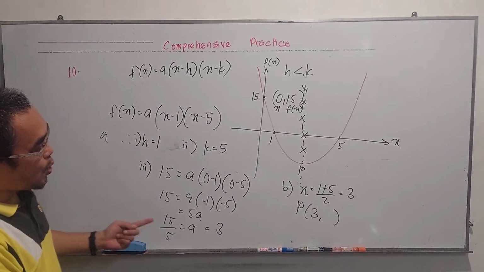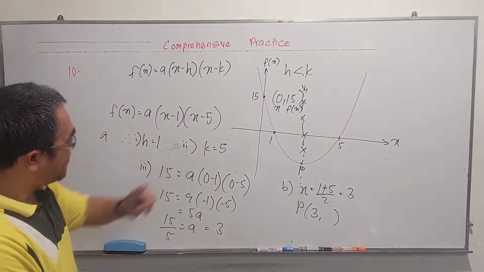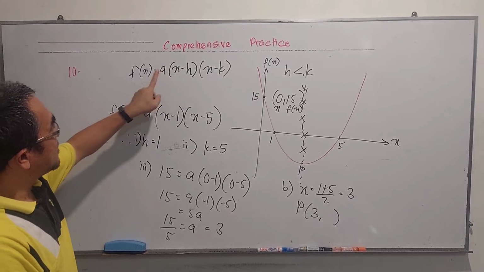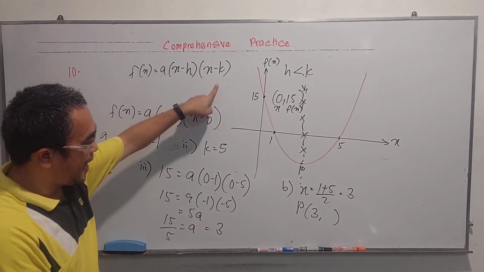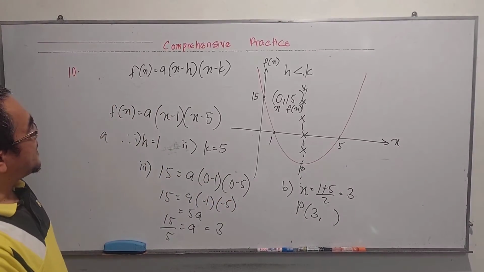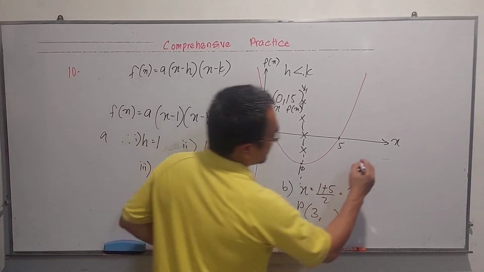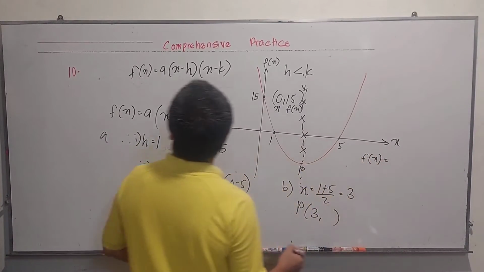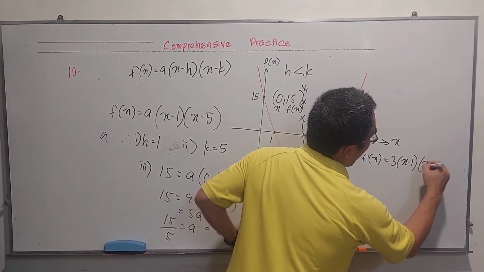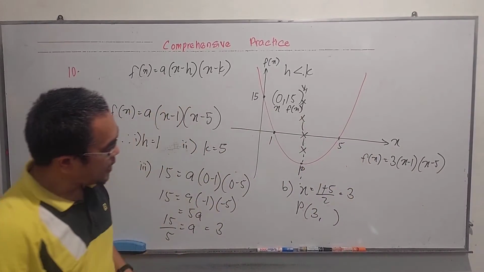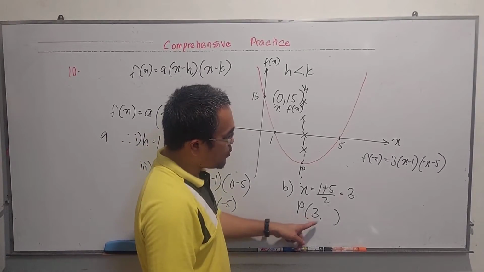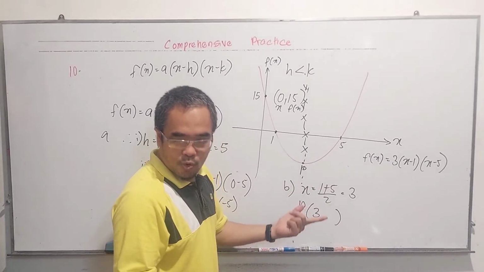So in order to know the y, the minimum value, you should substitute everything here, meaning a, h and k, then replace x as 3. So I will rewrite f(x) equals a is 3, (x minus 1)(x minus 5). You can keep f(x) as f(x) or write it as y, no problem.